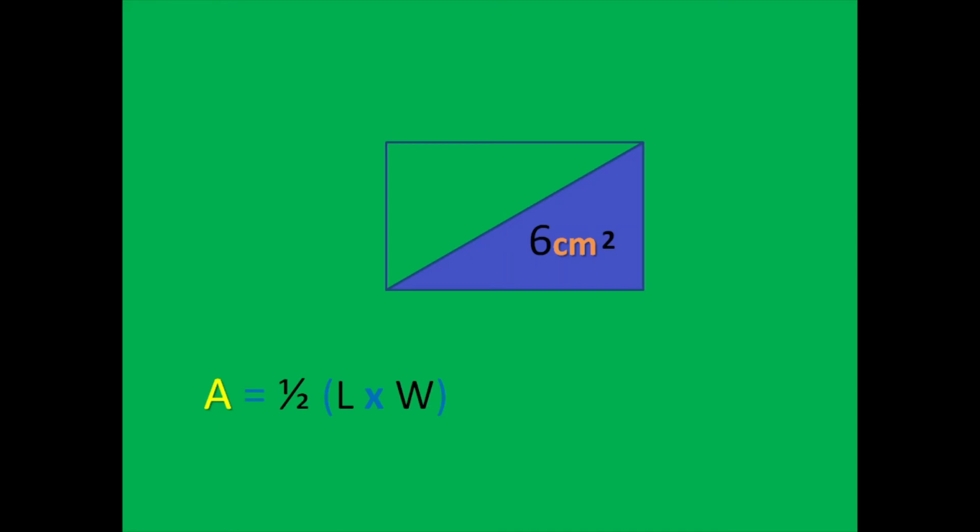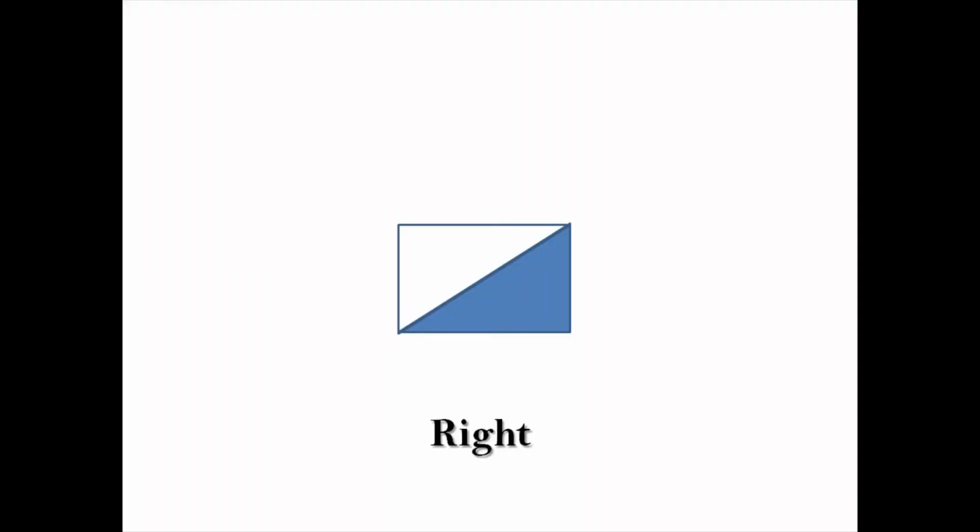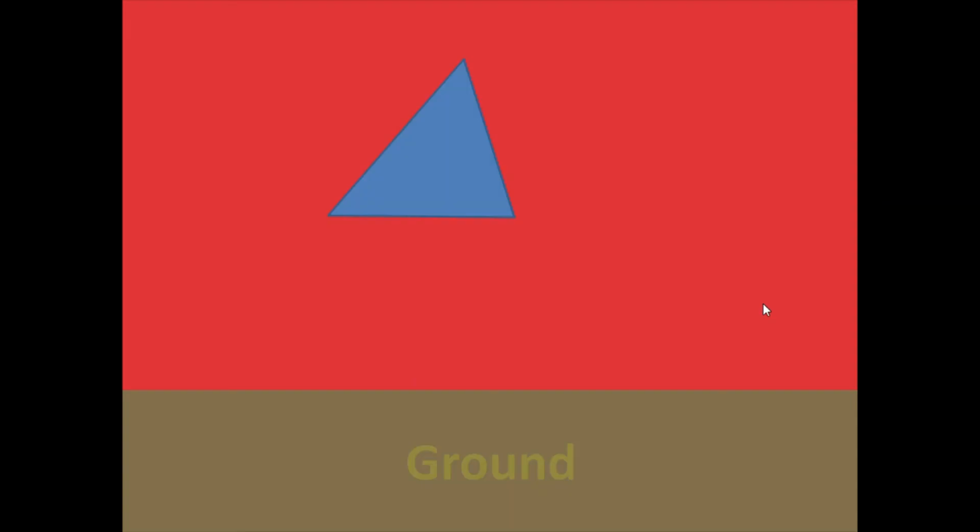We're going to call them base and height. Here's why. The names length and width worked okay for this right triangle because a right triangle is exactly half of a rectangle. But those names don't really work for other kinds of triangles like acute triangles or obtuse triangles.